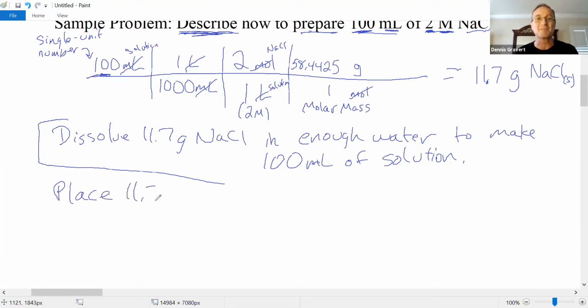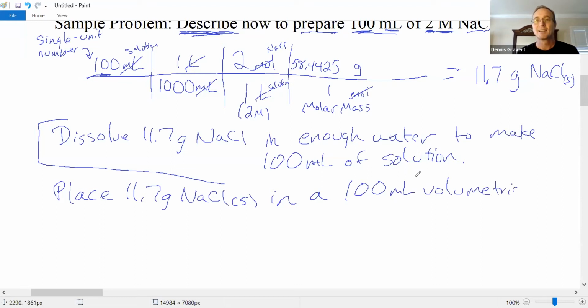So place 11.7 grams NaCl as a solid in a 100 ml volumetric flask. Add some water. Swirl the mix. Swirl, such a scientific word.